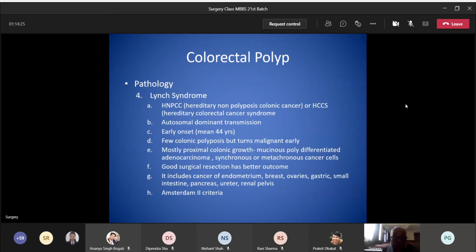Lynch syndrome, hereditary non-polyposis colorectal cancer. Lynch syndrome is autosomal dominant, early onset, mean age 44 years, with few colonic polyps but turning malignant early, mostly in the proximal colon. Growth is mucinous, poorly differentiated adenocarcinoma, with synchronous or metachronous cancers.